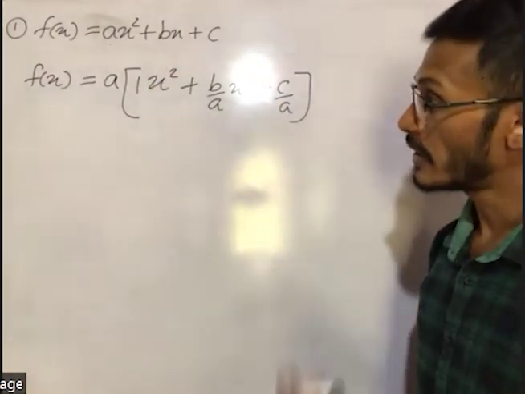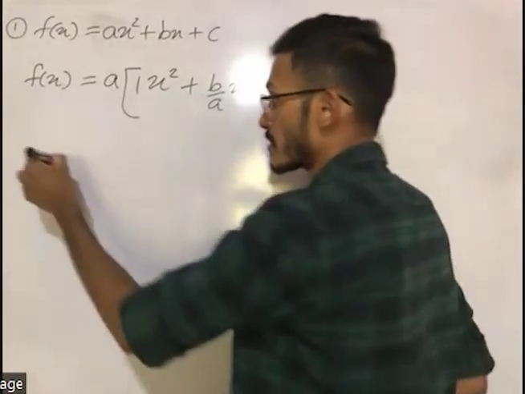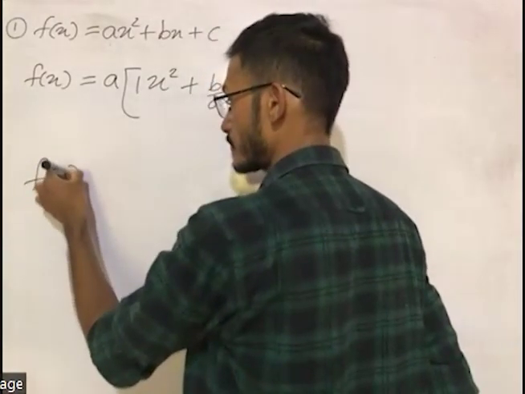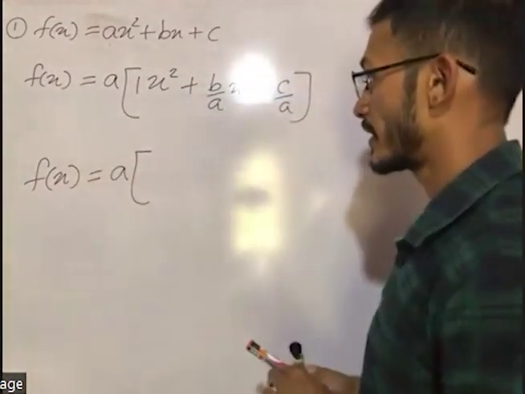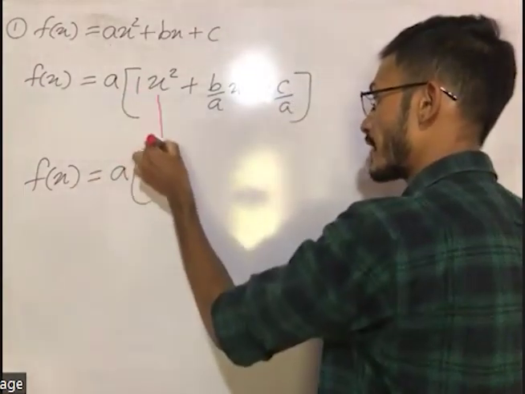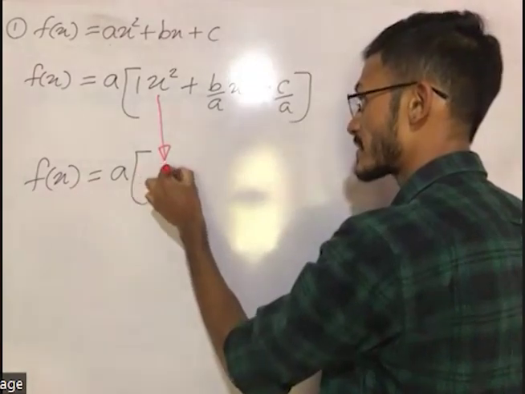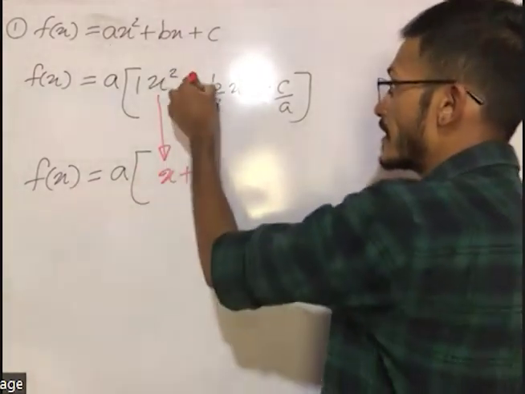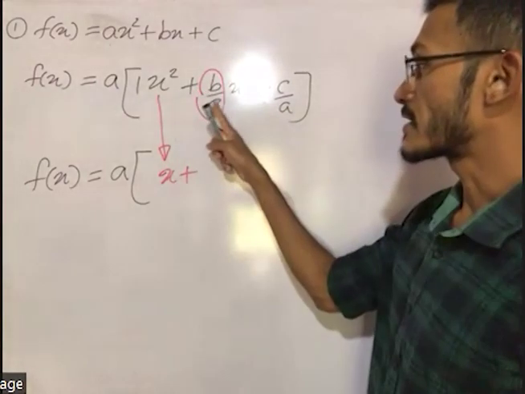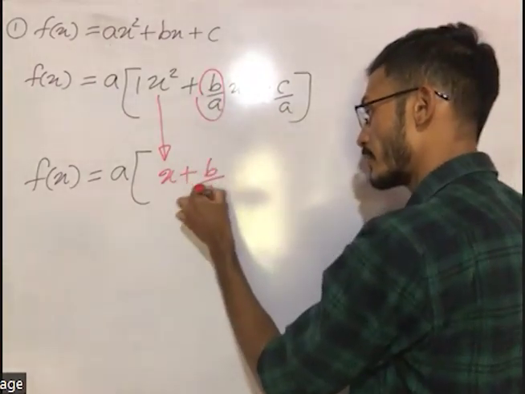Now I'm going to use the completing square method to simplify this. So here a, then take x square without the square, then x. If there is a positive sign, take the positive sign. Divide the coefficient of x by 2, then b over 2a.